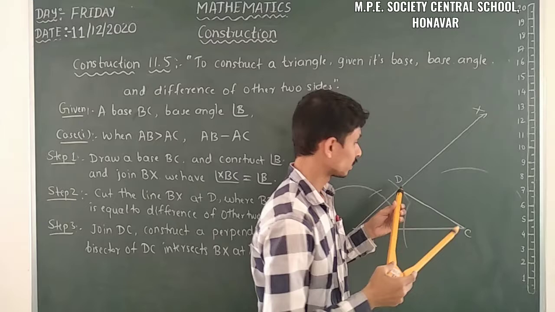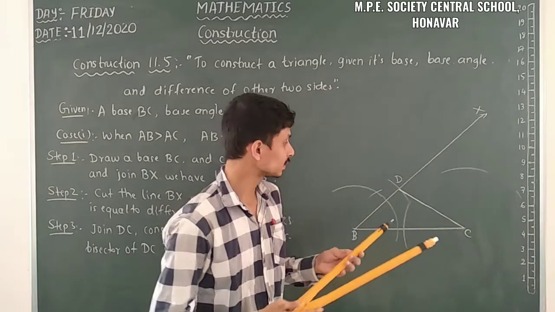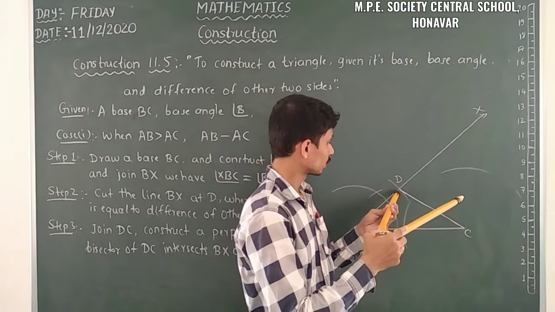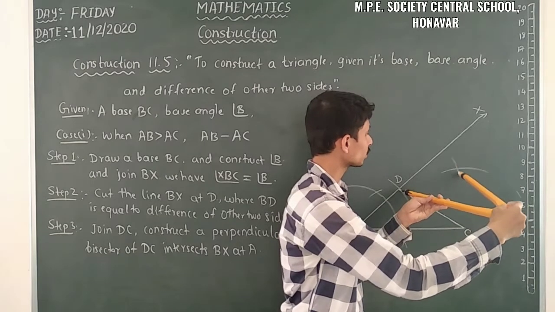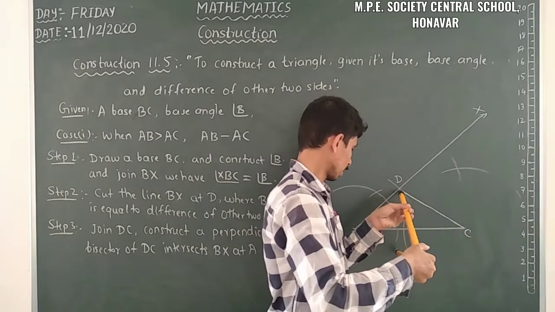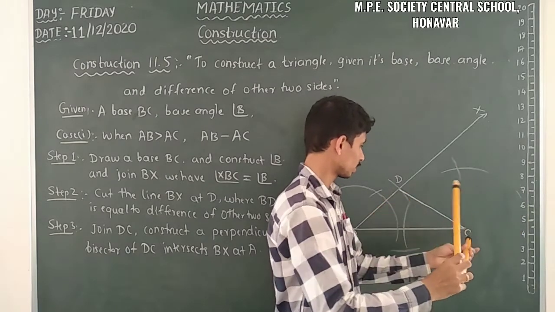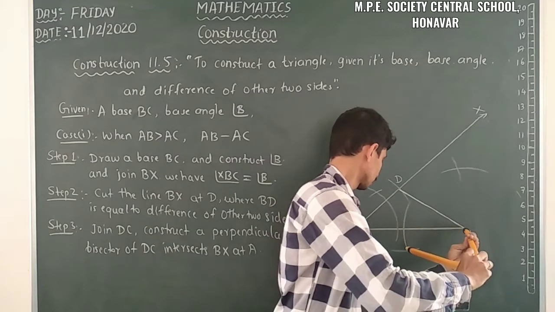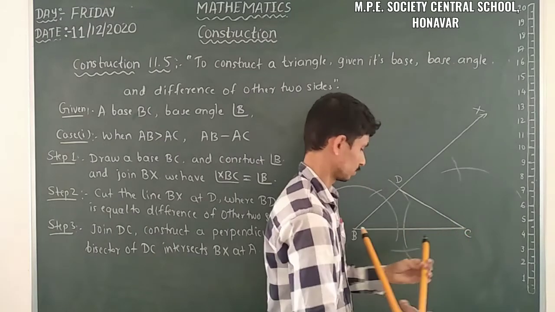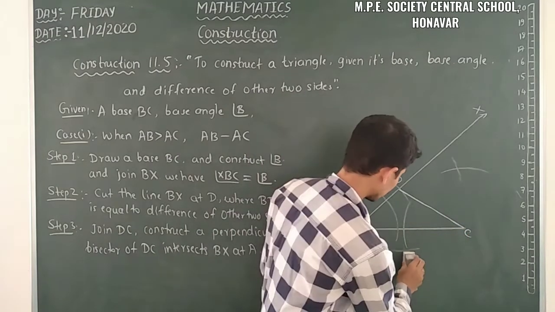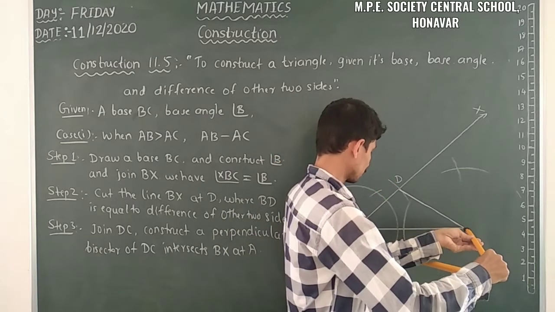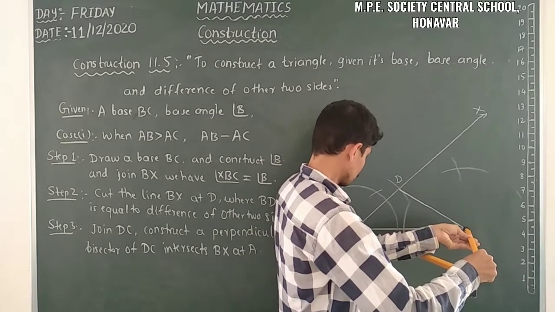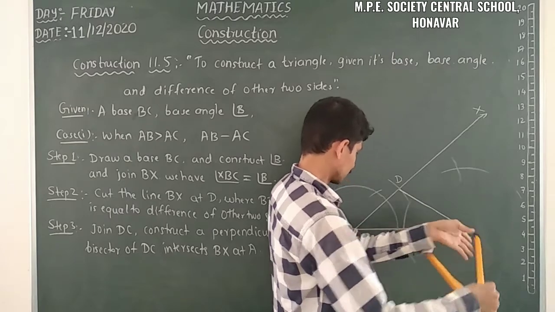Then taking the same radius, take D as the center and cut the previously drawn curve. Here also you have to intersect. I think it's a frictionless board, so it is somewhat difficult to draw curves here. Yes, it intersects.